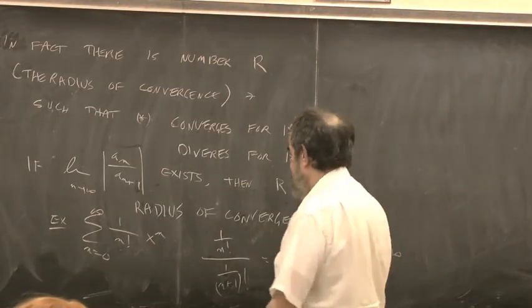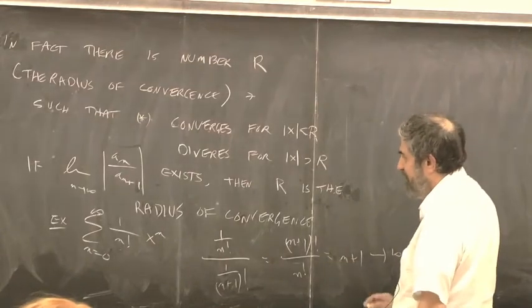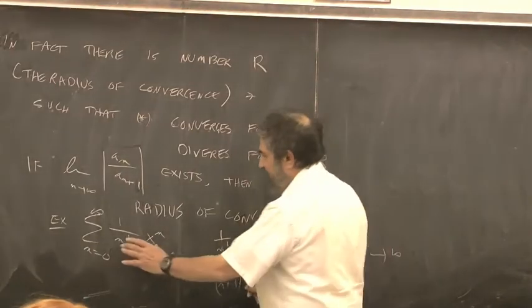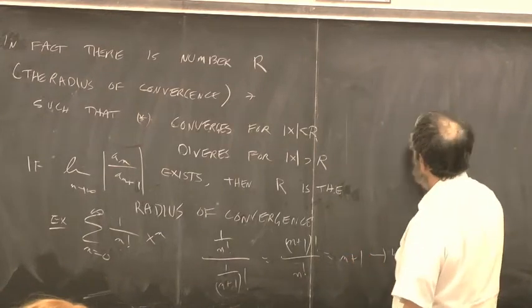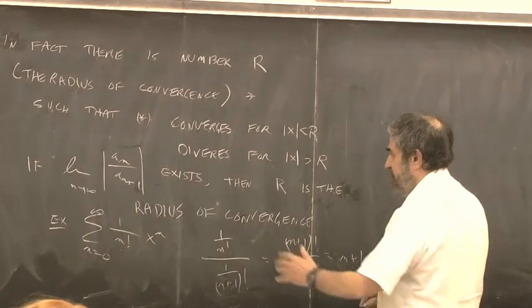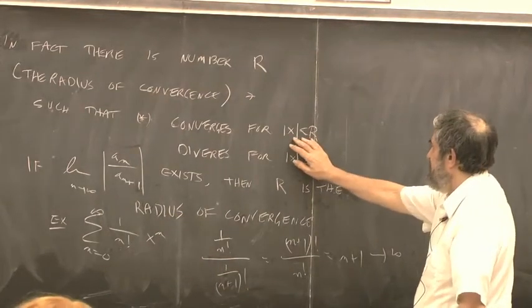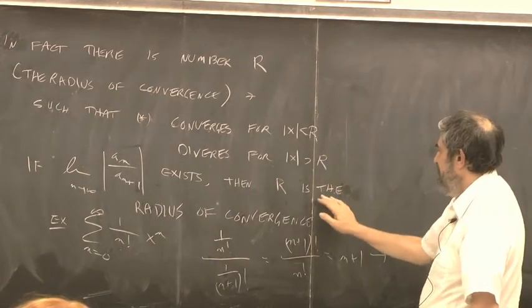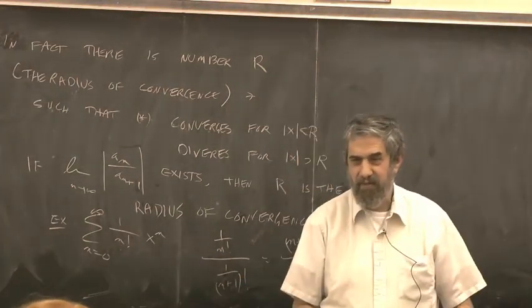Now here's a fact about series which you may or may not have proved, probably didn't in your course: within the radius of convergence, you can actually differentiate power series term by term.